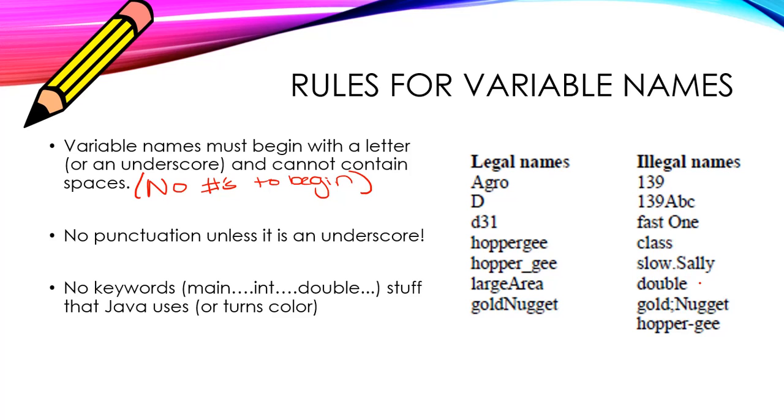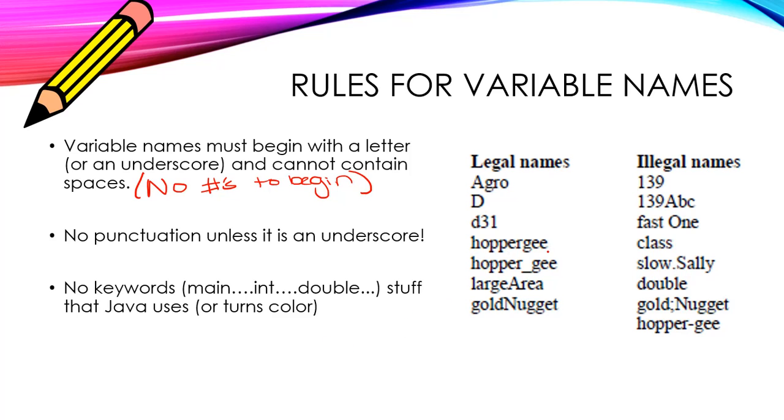A lot of times your variables are going to be one word, like age or number of feet or something along those lines. You're not going to be doing multiple words. However, sometimes you find yourself needing to accomplish that task. If that's the case, that's okay. A lot of times what students will do is what's known as camel case.